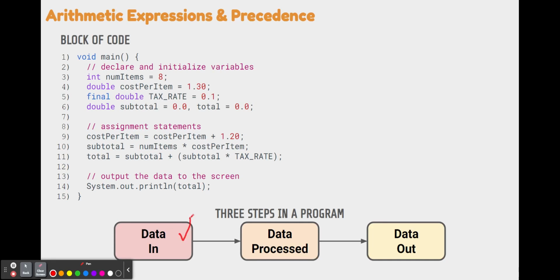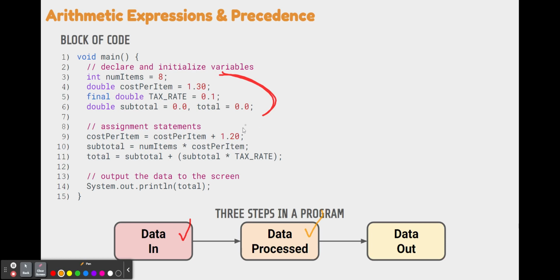Starting with data in on lines 3 through 6, this is where we see some data in right here. So we're not actually getting data in from the user, but this is a place where we can come in and change some of these values. This is kind of where the data comes into our program. Step 2 is data processed.